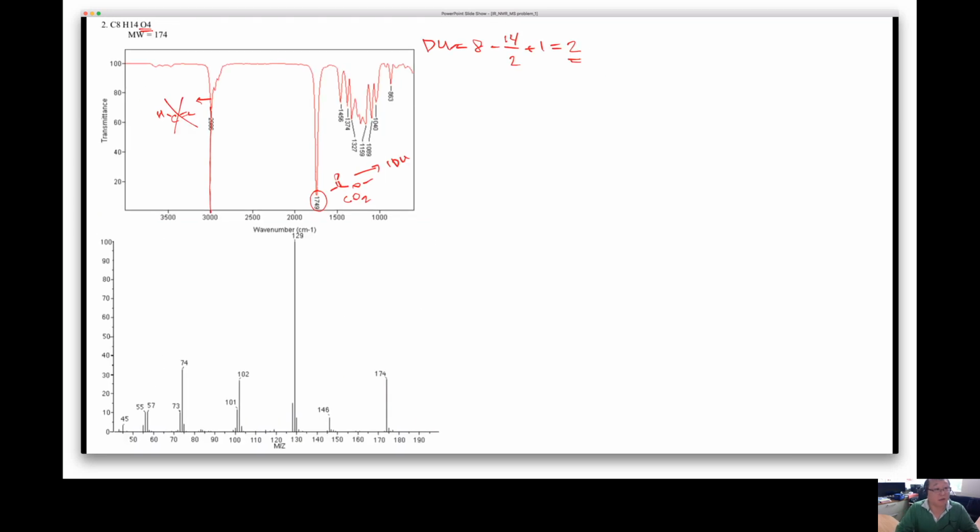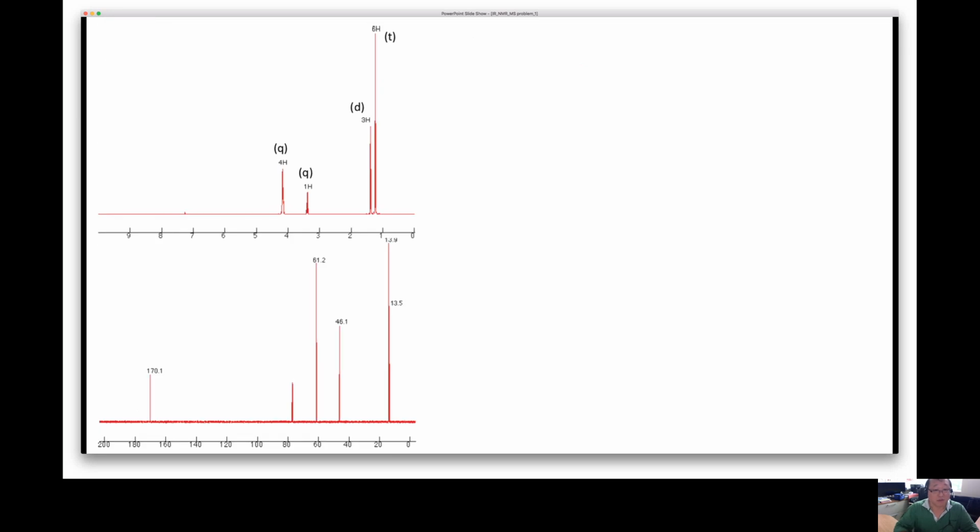We have 8 carbons. So in the carbon 13 NMR, if the molecule is not symmetrical, we should see 8 peaks. But in the carbon 13 NMR, 1, 2, 3, 4, 5, we have only 5 peaks. So that means we have some kind of symmetry in the molecule. If you look at the proton NMR, this clearly shows that this is 4 hydrogens, not just two, right?